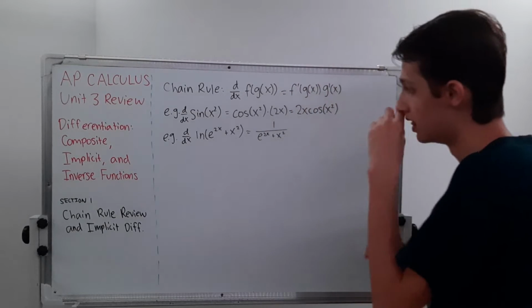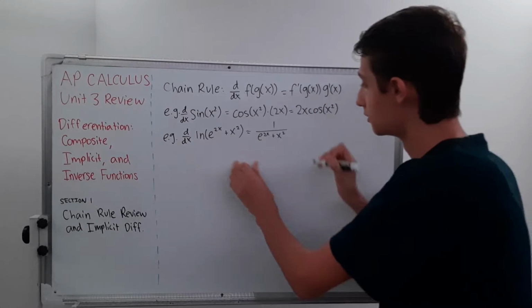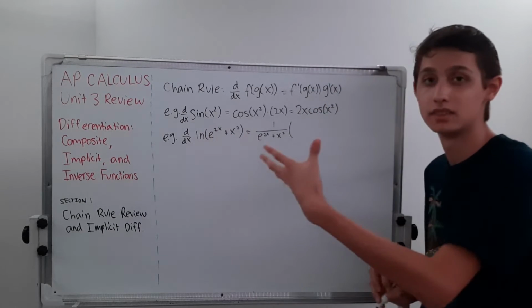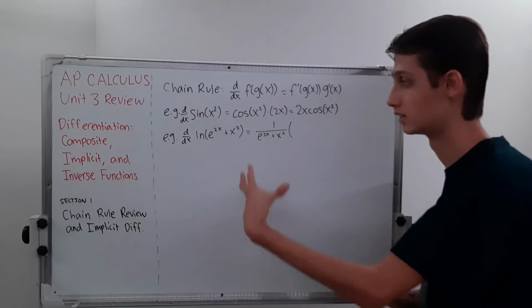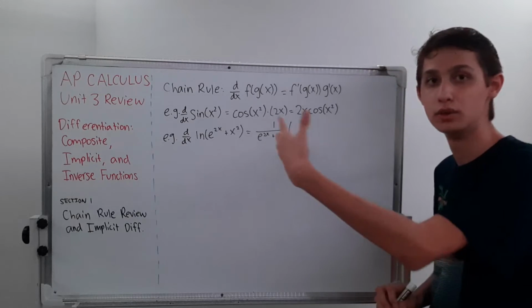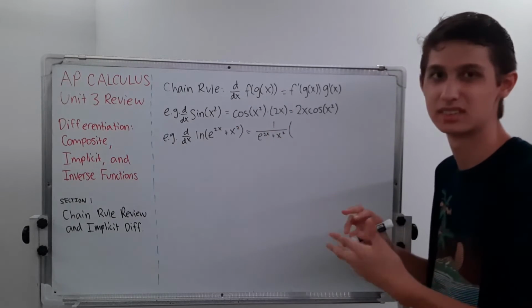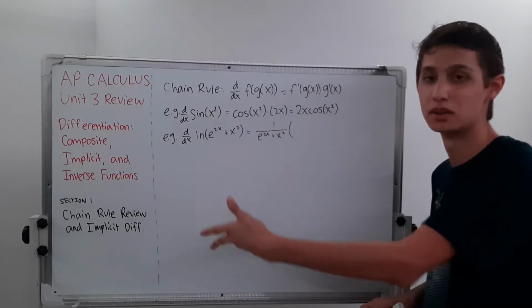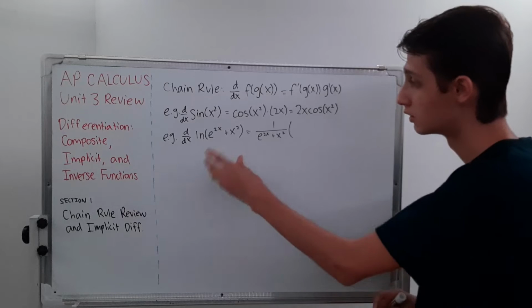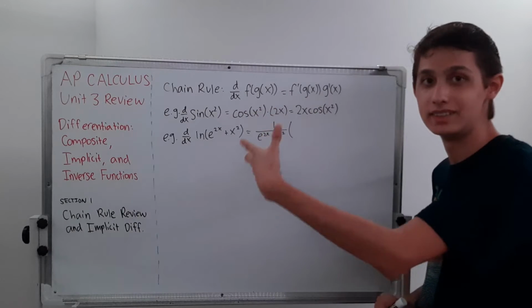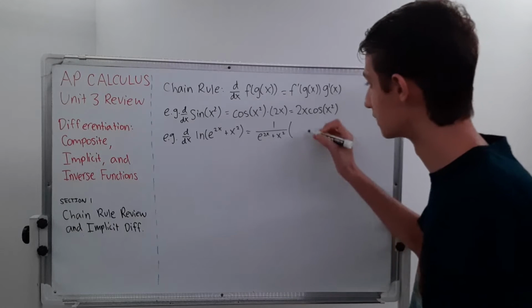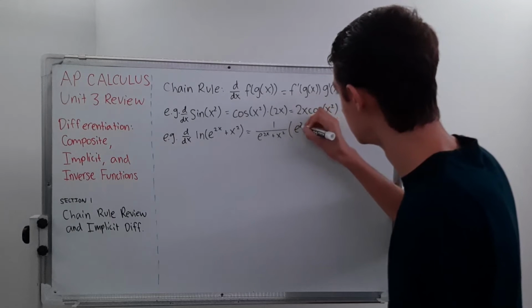Now we have to take the derivative of the inside. The derivative of e to the 2x, again, is a composition of functions. It's not just e to the x, it's e to the 2x. Even though 2 is just a 2, it's still another function. The derivative of e to anything is e to that same thing, so we have e to the 2x.